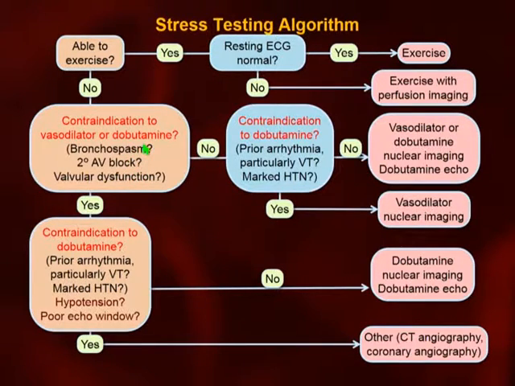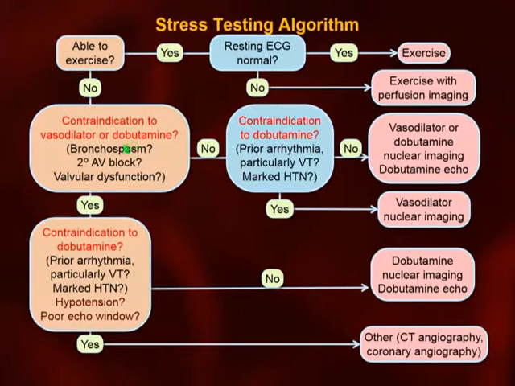And you ask yourself about contraindications to the different pharmacologic agents. So does the patient have a contraindication to a vasodilator, which would be bronchospasm, or to dobutamine, which would be valvular dysfunction or severe hypertension, some AV blocks? If no to any of those, then they can get vasodilator or dobutamine nuclear imaging, or you can get a dobutamine echo.